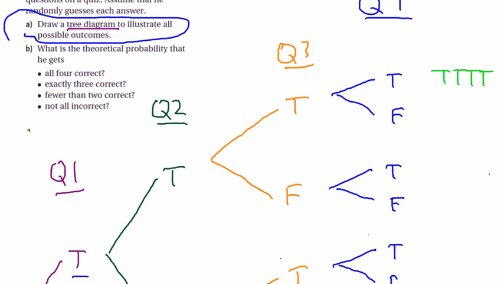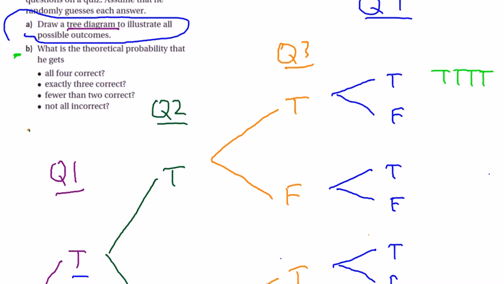Okay, question B. What is the theoretical probability that he gets all 4 correct? Well, any one of these could be all 4 correct. We don't know. This could be a quiz where all 4 answers are false, false, false, false, and he would have to guess that one to get them all correct, or it could be true, false, false, true, or any number of options, well, 16 options.